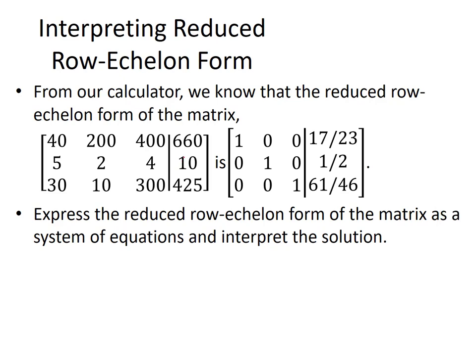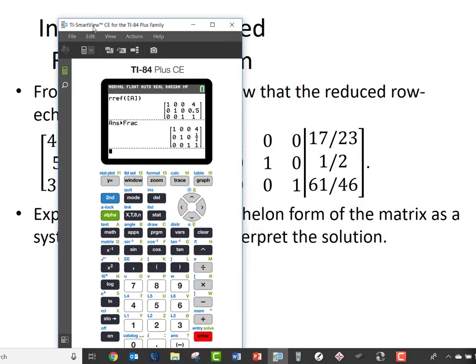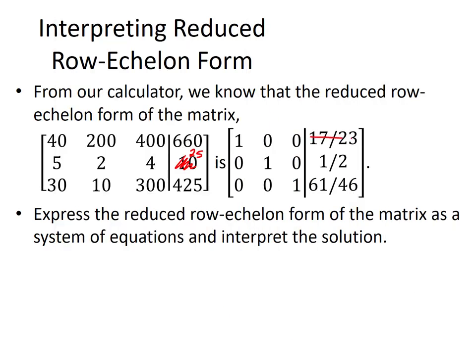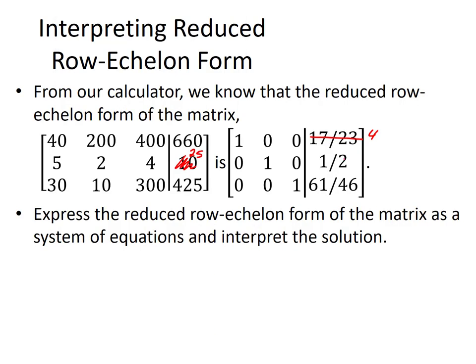The second row, 5, 2, 4, I'm going to make that 25 to match the example we've been doing. So the reduced row echelon form of that matrix was, as we saw a moment ago, 1, 0, 0, 4, 0, 1, 0, 1/2, third row, 0, 0, 1, 1. Although if we did have some strange fractions, that's perfectly acceptable in a context.